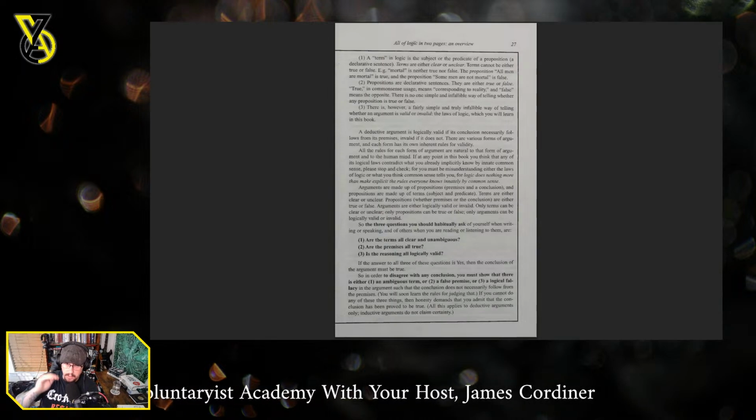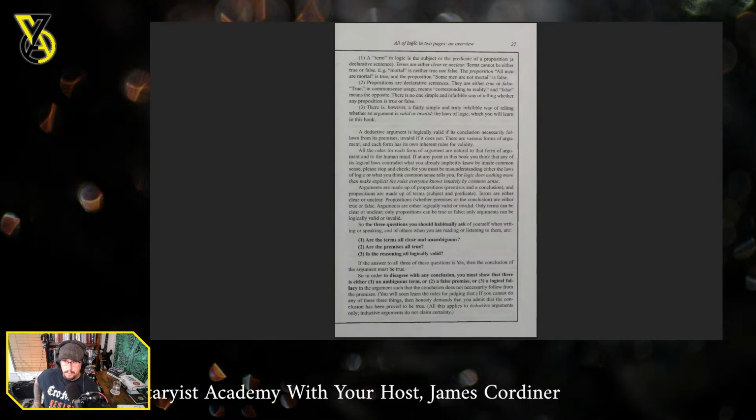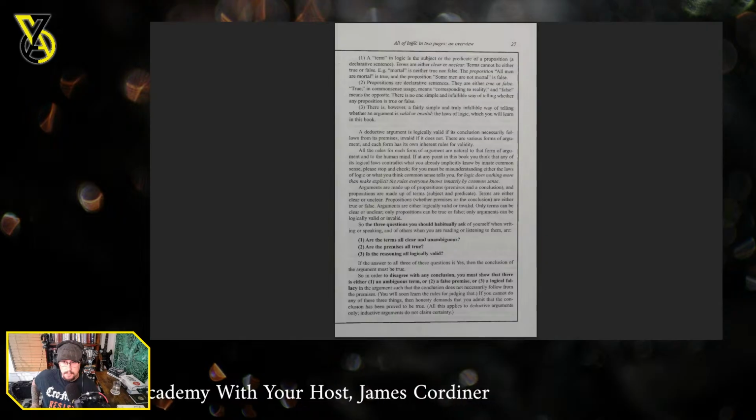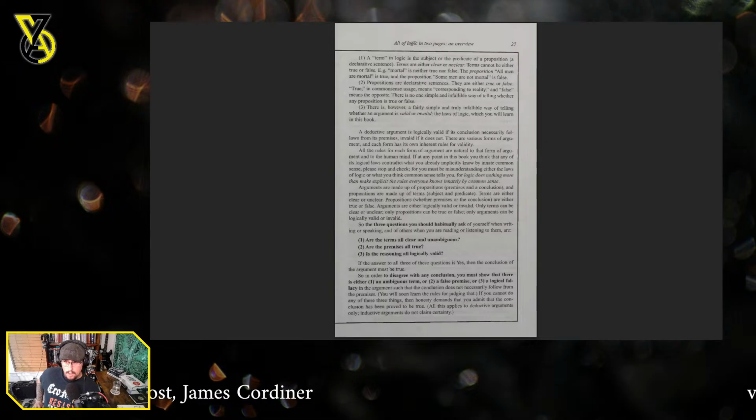Propositions are declarative sentences. They are either true or false. True in common sense usage means corresponding to reality, and false means the opposite. There is no one simple or infallible way of telling whether any proposition is true or false.